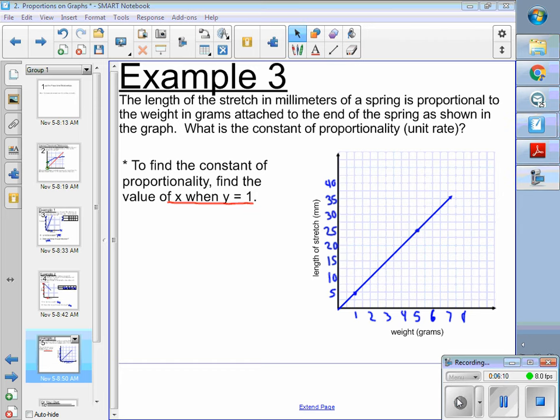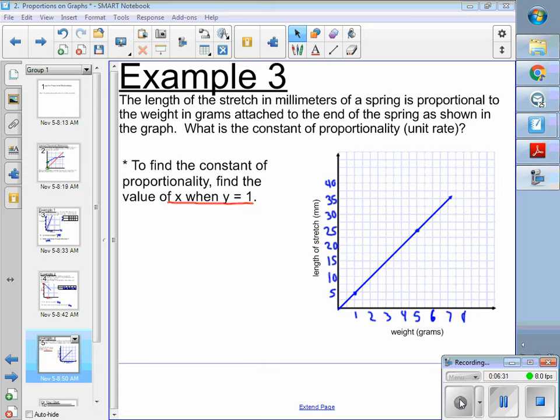So we look here, when x is 1, y is 5, right? So now we got to figure out when y is 1, what is x? So how are we going to do that?